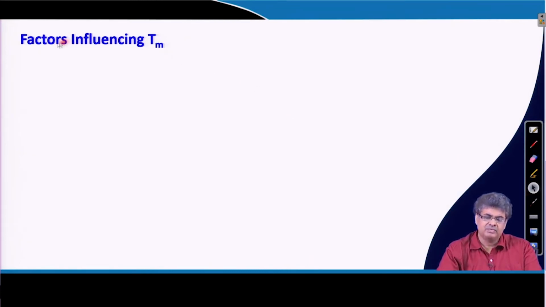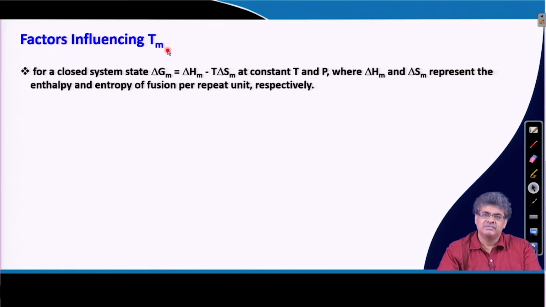Now, we look at the factors which influence Tm. We know for a closed system, delta G is given by delta H minus T delta S, and M indicates the melting process.